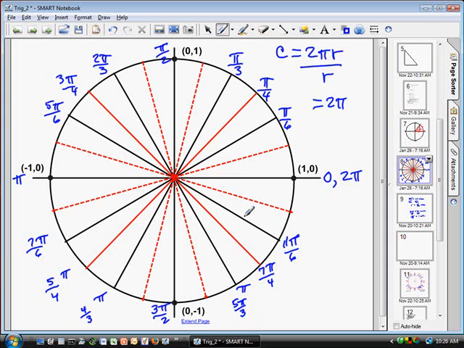And what happens when you take 2 pi and divide it into 24 equal pieces? 2 pi over 24 is pi over 12. And that's why when we went around, we said 1 pi over 12, 2 pi over 12, 3 pi over 12. Honestly, that might be the quickest way to generate this, if you just remember that pi over 12 thing. And then if you can simplify fractions, you can rip around and get this fairly quickly. Okay.